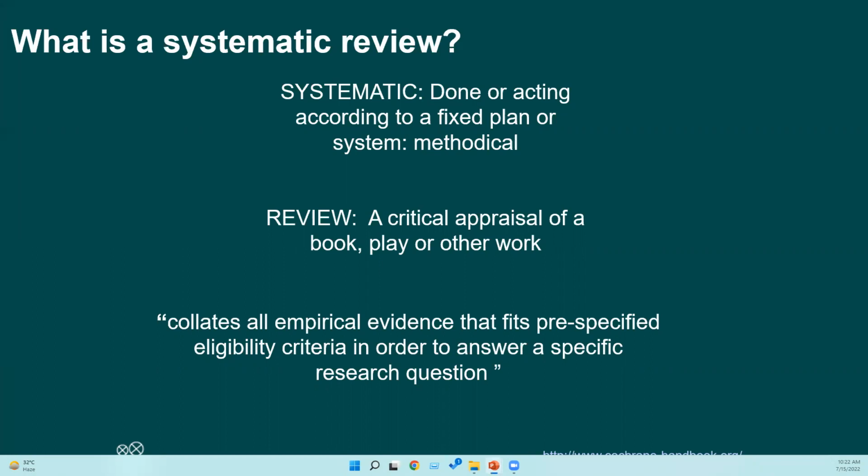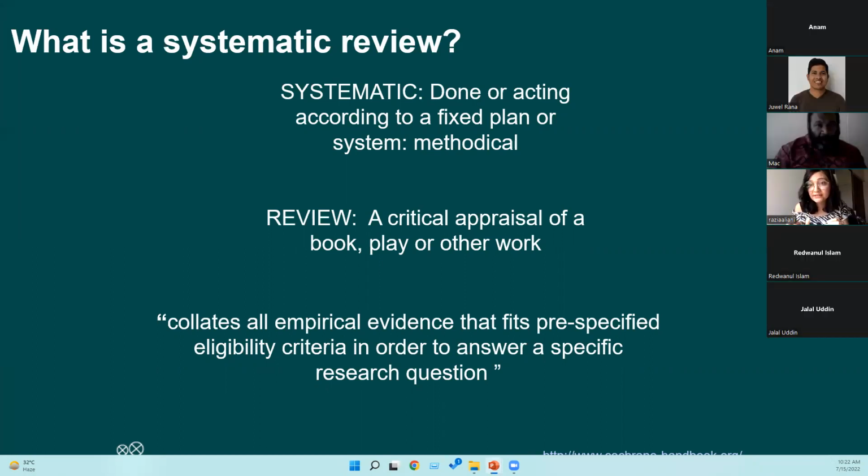So a systematic review is not complete unless you critically appraise the studies that you included. It's a methodological process where you synthesize the evidence very systematically and appraise what has been published, and it collates all the evidence to answer a specific question.